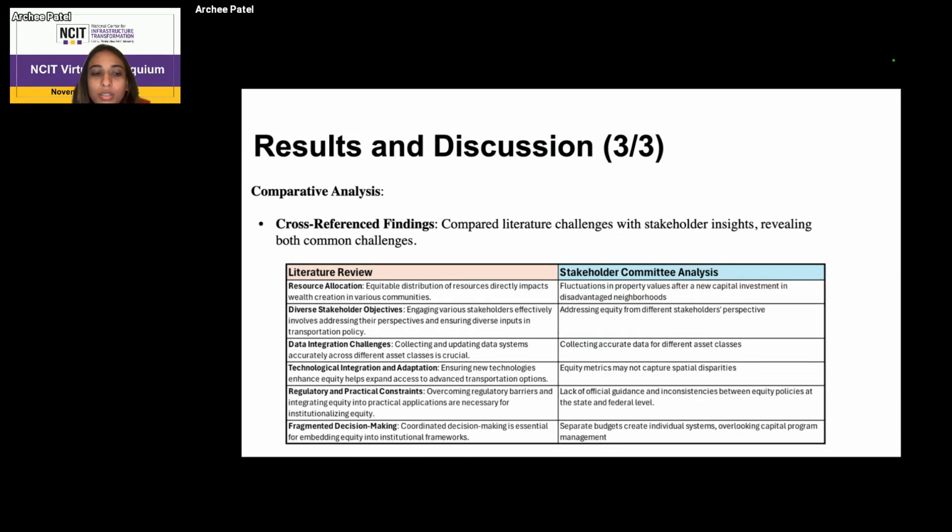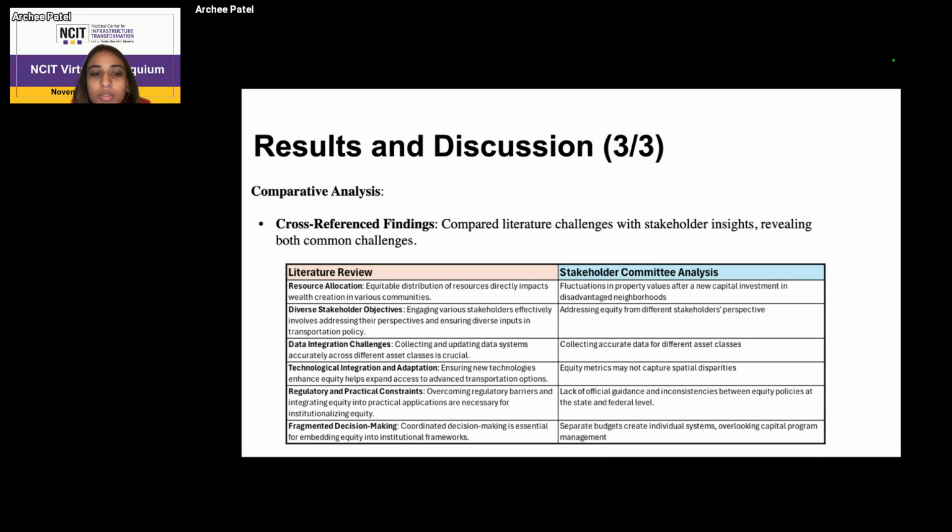This is a significant part of our study. We conducted a cross-reference comparison between the challenges identified in the literature and those noted by the stakeholders. This comparison revealed both commonalities and unique regional challenges. For example, one major challenge highlighted by both sources is the lack of integrated data systems.